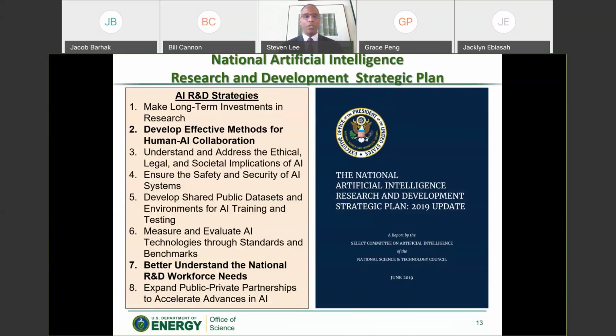The way this workshop report showed up is in item number 2, strategy number 2, scientific machine learning is part of developing effective methods for human-AI collaboration in science. And also strategy 7, DOE is very interested in building a workforce of people who understand and can use machine learning for science.